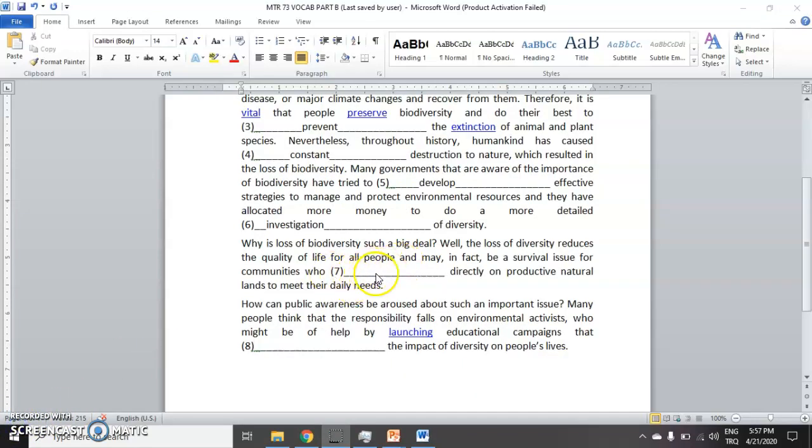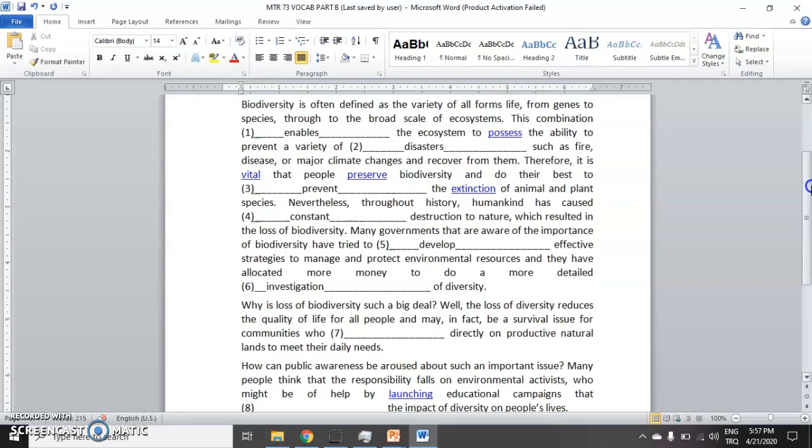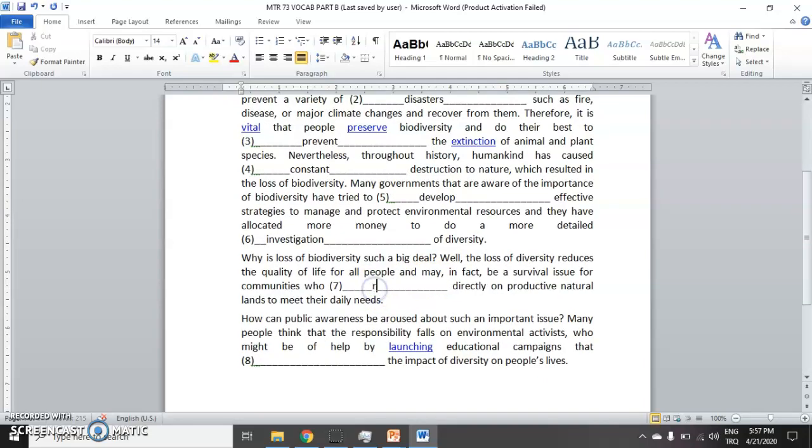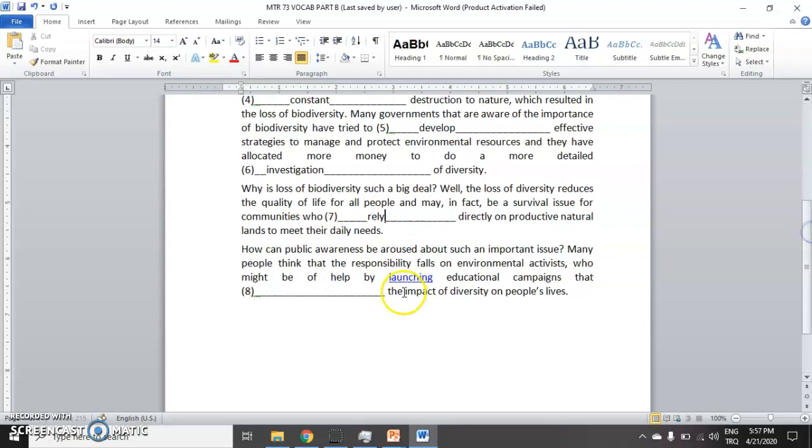Okay, when we look at number 7, community, in fact, survival issue, it's a survival issue for communities who. So here we need the verb something, directly on something. So if you remember the collocation, we had rely here, rely on something. So this answer should be rely. And the next one might be helped by launching.